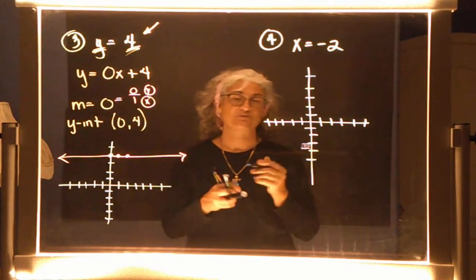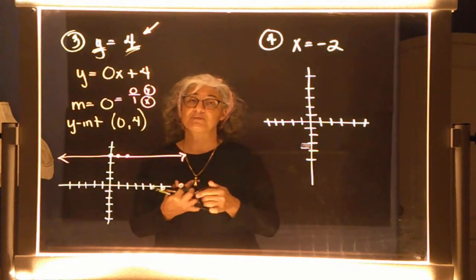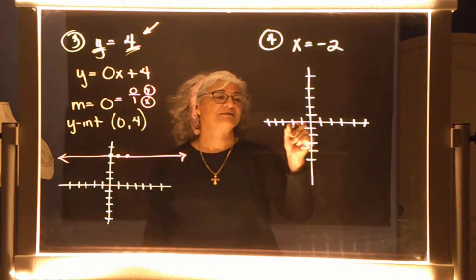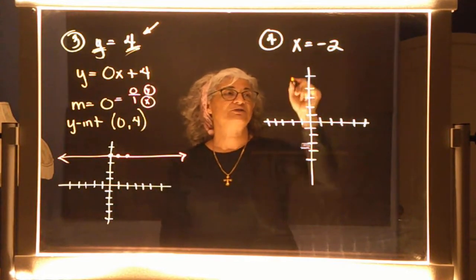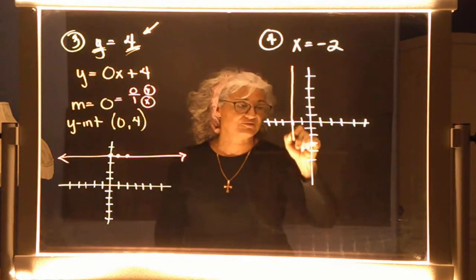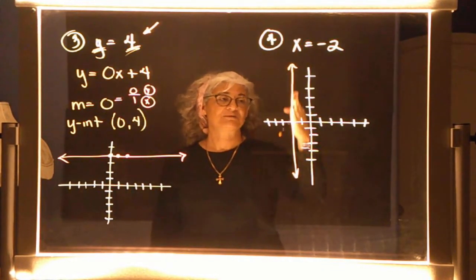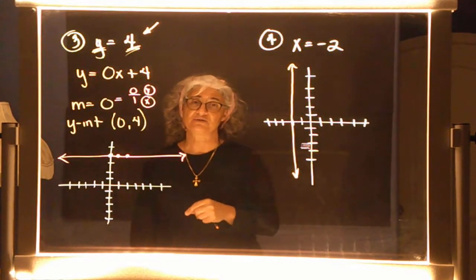Yeah, it passes through the x-axis only, because there's only the x variable, right? Mentioned that in a previous lecture. And it passes through the x-axis through the number -2. So you end up with this vertical line, don't you?